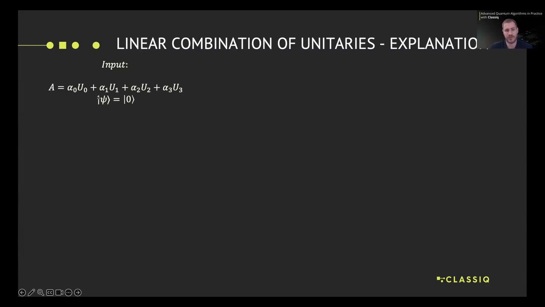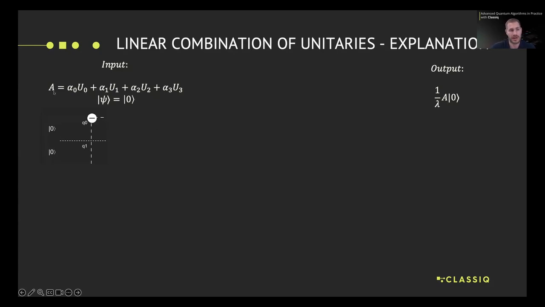We have these coefficients: it's a linear combination of four different unitaries with four different coefficients. The state we have initially is the 0 state, and we want to apply A, in general non-unitary, on the state psi.